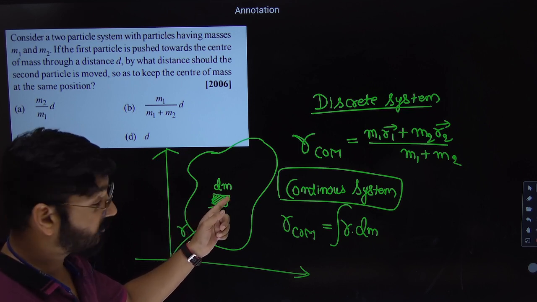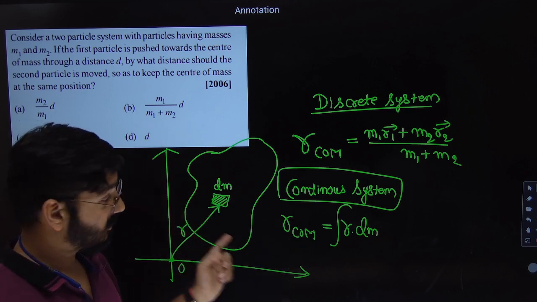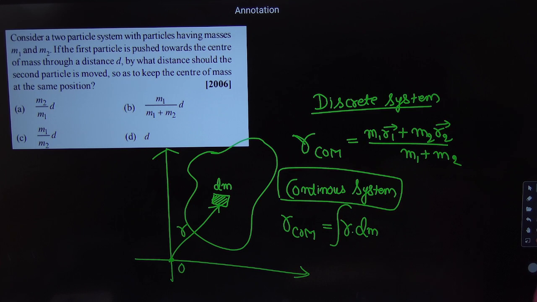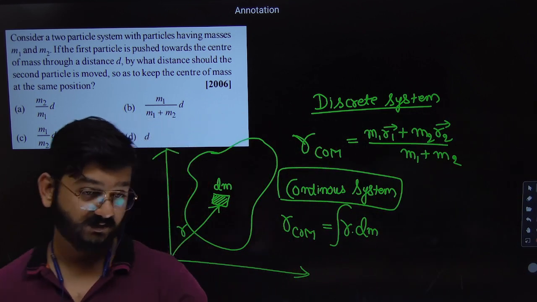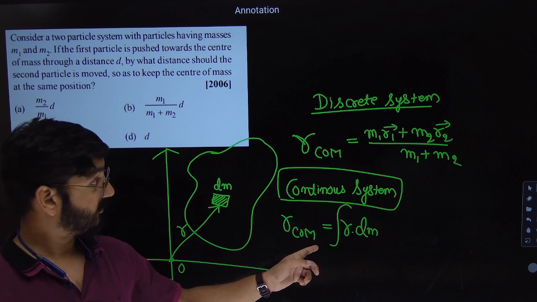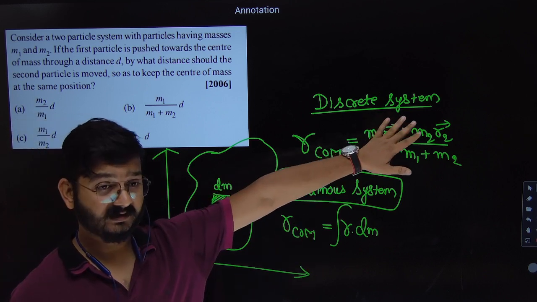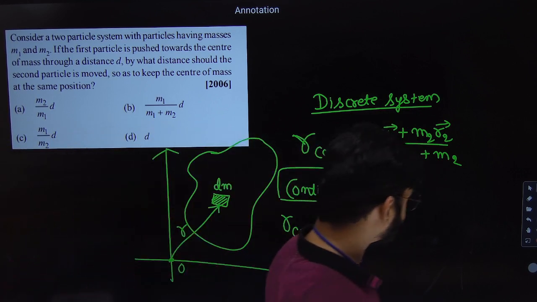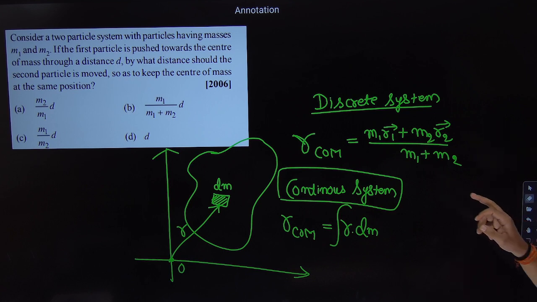I want to find the center of mass of the whole. What will I do? Is the funda clear? Whenever things are variable, or a lot of particles are there, you will use continuous. Wherever there are fewer particles, discrete.